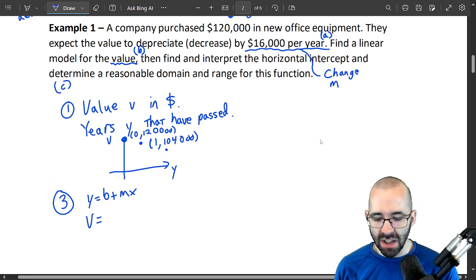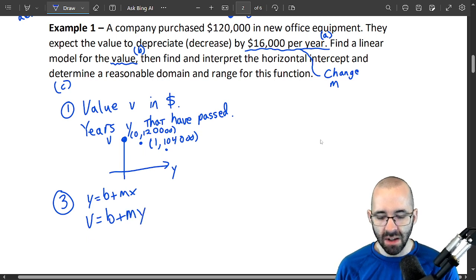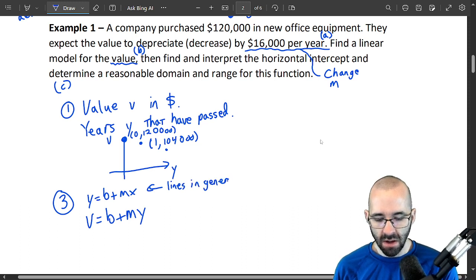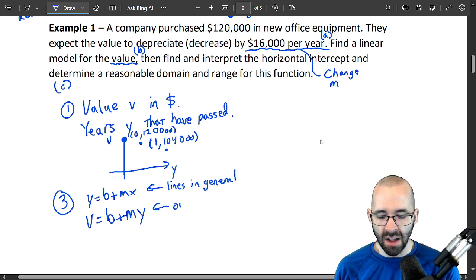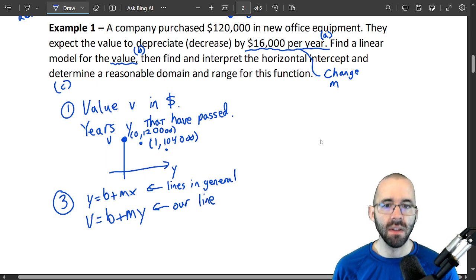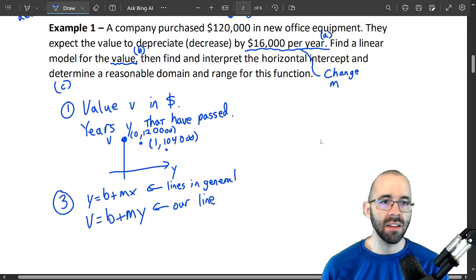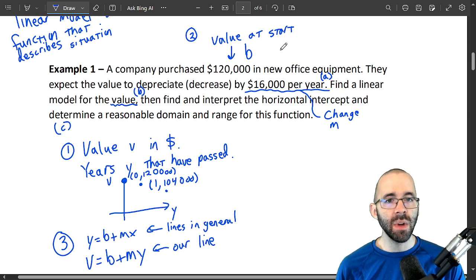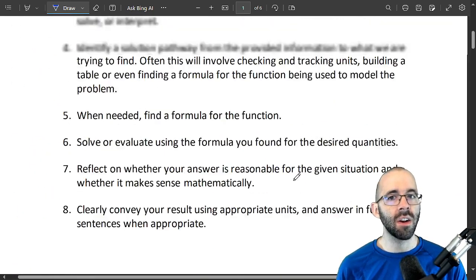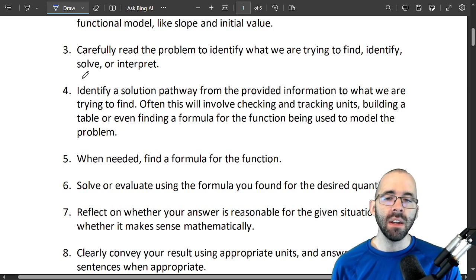So our output is v, is b plus m times our input, and our input is the number of years. So this is a line in general. And this is our line that we care about. This is what we want to find. And in step 2, we already found what b has to be. We already found what m has to be. So we're well on our way to solving this problem.